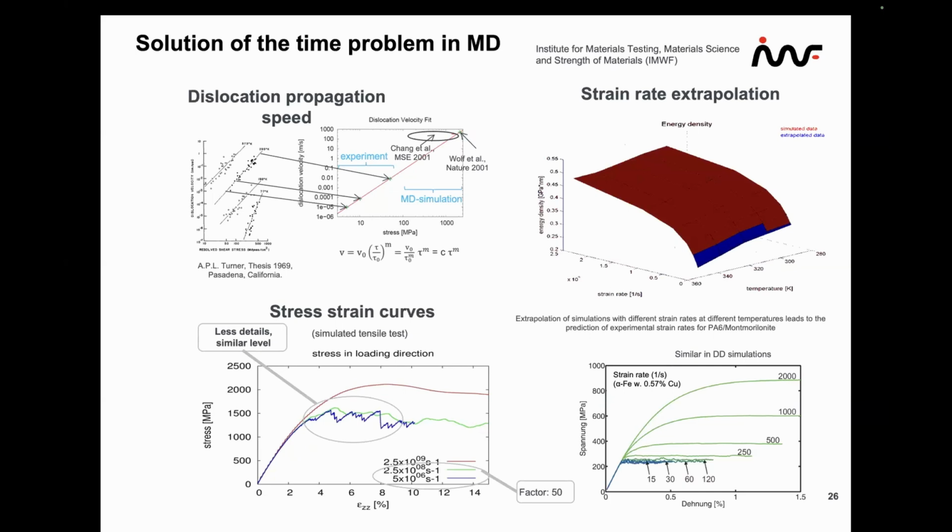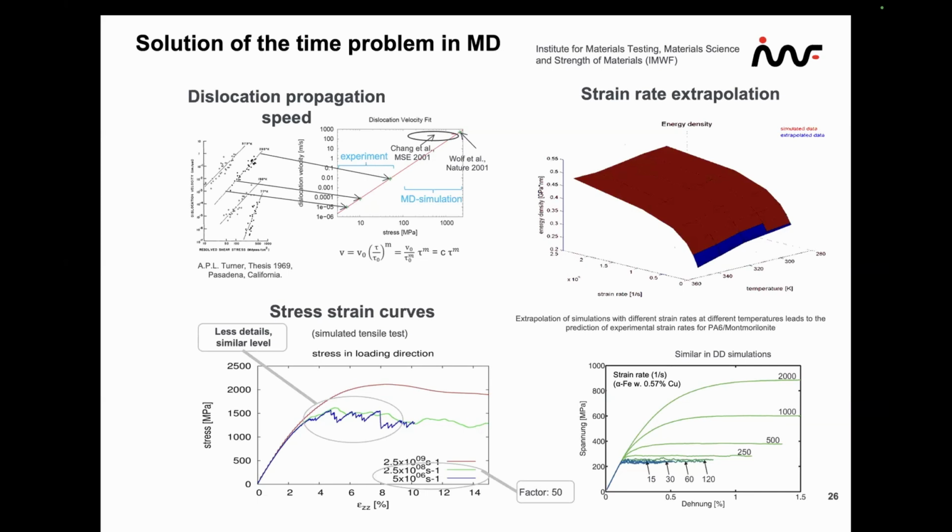And here we got some help from Peter Wolf and colleagues who did MD simulations and compared with experiments and showed that there is a clear continuing prediction possibility from the simulations of experiments to higher velocities of dislocations. And that was used then for polymers to extend the strain rate extrapolated for energy densities in these polymers, and also for stress strain curves in metallic alloys.